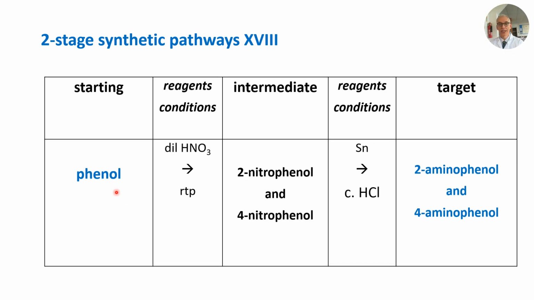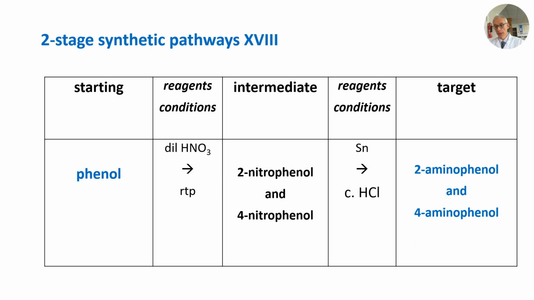So phenol is activated compared to benzene, so the conditions for nitration will simply be dilute nitric acid, room temperature and pressure, and the hydroxyl group is 2,4-directing, so we have a mixture of 2-nitrophenol and 4-nitrophenol as our intermediate. Reduction of the nitro group to the amine gives a mixture of 2-aminophenol and 4-aminophenol.